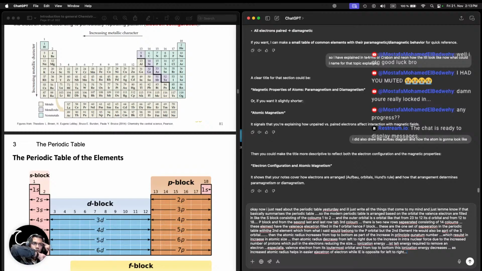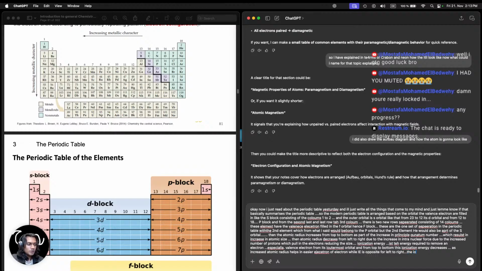Make sure to start a timer for 15 minutes. From left to right, atomic radius decreases.